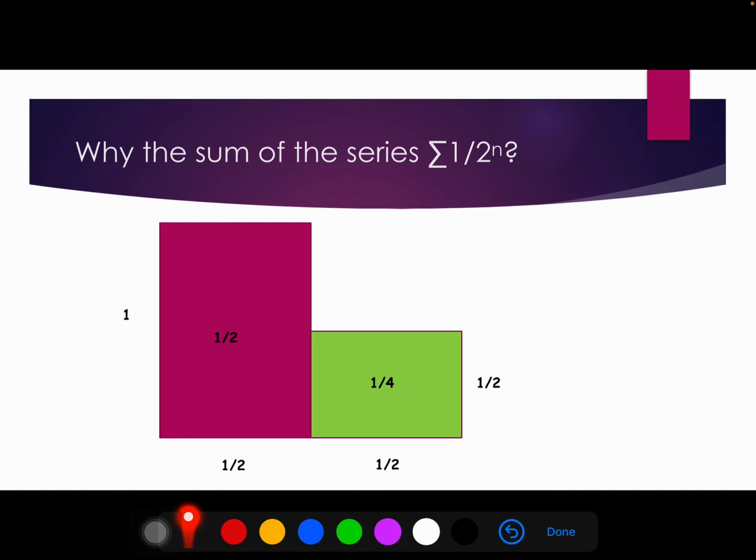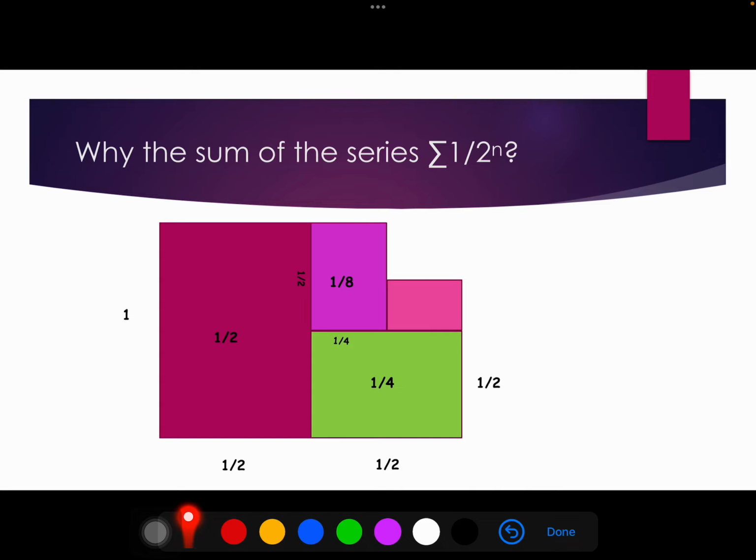Now, to this, I will add another rectangle. I just added a pink rectangle here. The sides are 1 by 2 and 1 by 4, so the area will be 1 by 8. Now you must have guessed what I am doing.